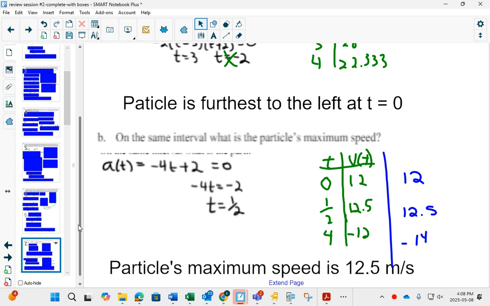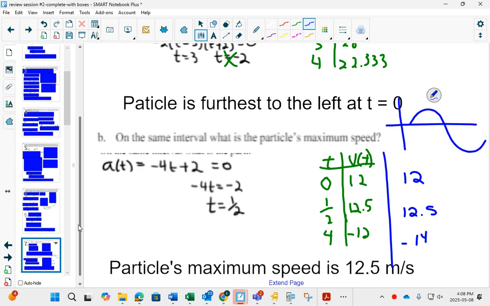You especially see that, let's say this is my velocity graph, and they ask you for the maximum speed. Most students will say this, and that's not the right answer. The maximum speed could also be this, because if we did speed as the absolute value, I'll absolute value this graph, that's higher when I take that absolute value.